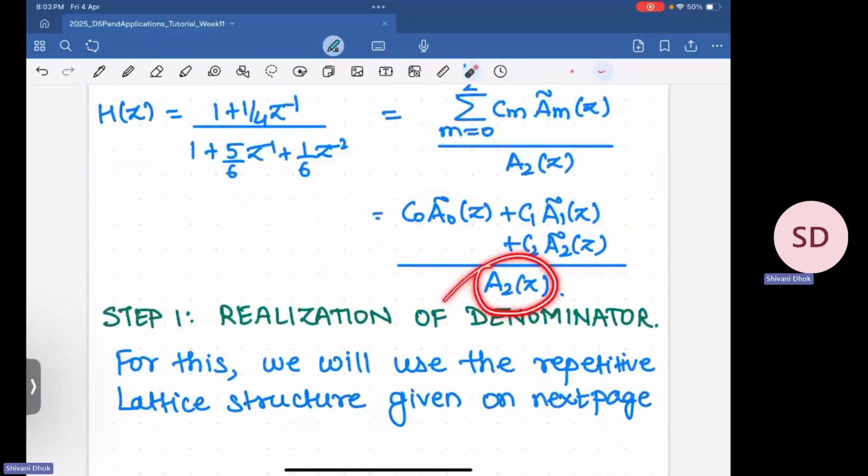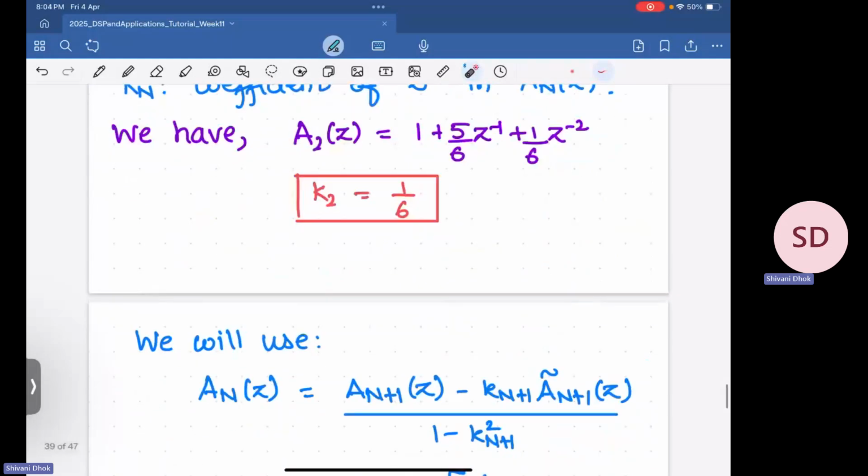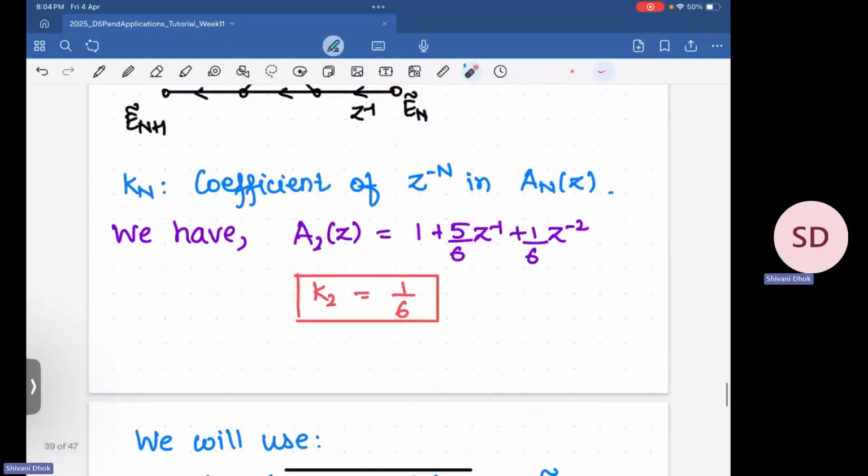We are given A2 of z, which is 1 plus 5 by 6 z inverse plus 1 by 6 z to the power minus 2, the denominator of our transfer function. So we will compare the coefficient of z to the power minus 2, and that will give us our k2.